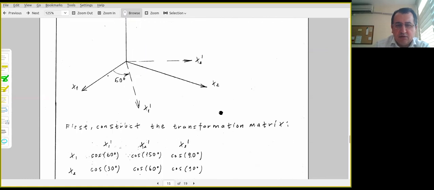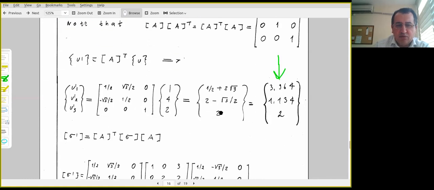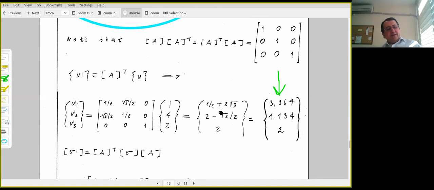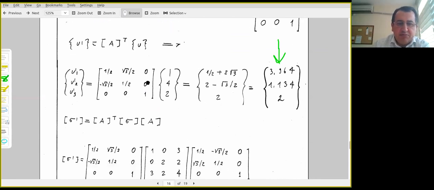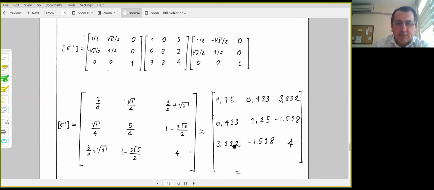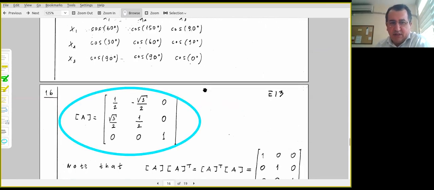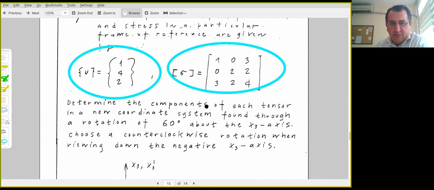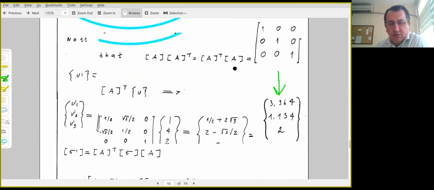And stresses in the new coordinate system can be found. Sigma prime is A transpose sigma times A. This multiplication gives stress in the new system. So these are the stresses in the new system. This was normal stress sigma 1. It was 1. Sigma 12 shear was 0.